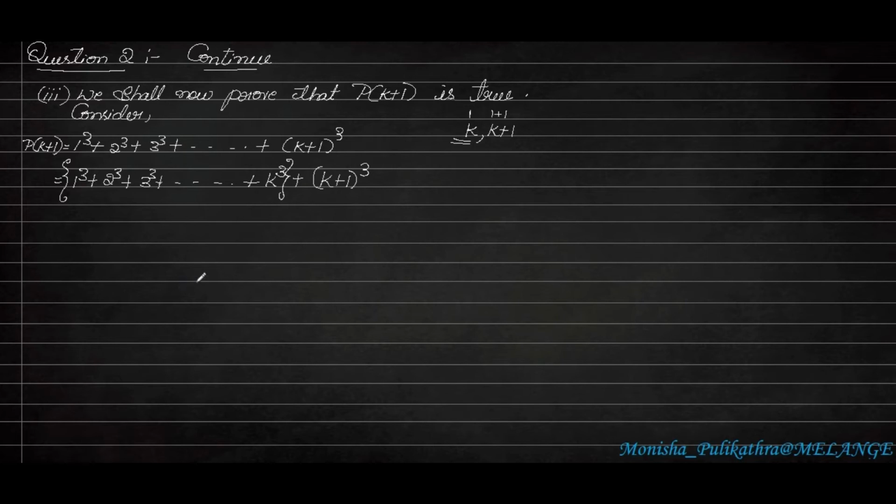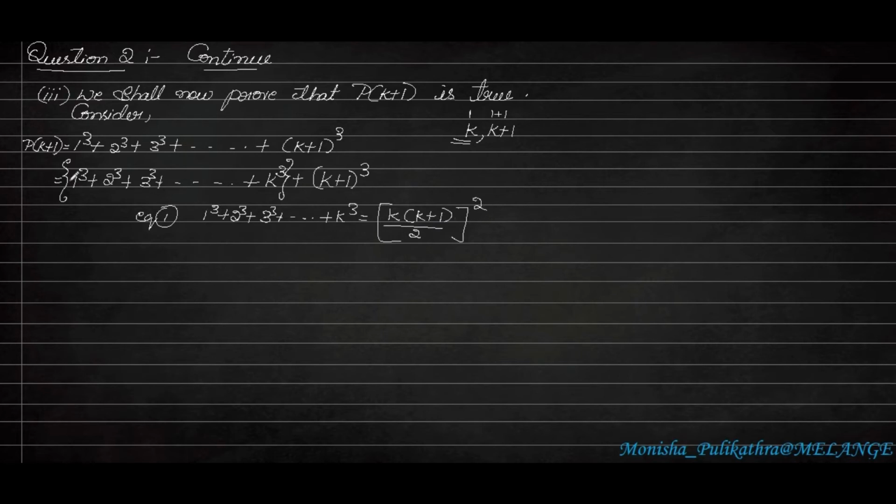So from equation 1, we solved that. Equation 1 is 1 cube plus 2 cube plus 3 cube plus etc. up to k cube is equal to k into k plus 1 divided by 2 whole square. So this is equation 1, right?